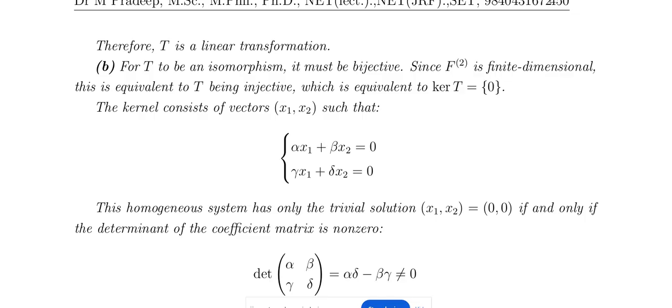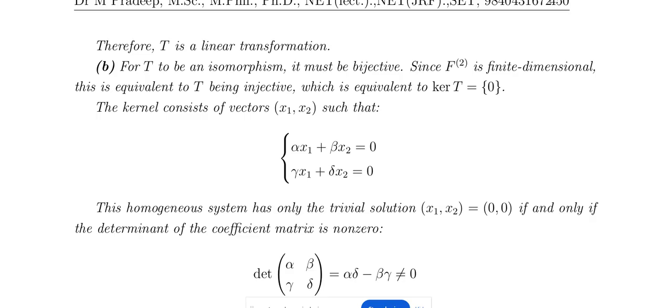Now, for T to be an isomorphism, it must be bijective. Since F power 2 is finite dimensional, bijective is equivalent to T injective, which is equivalent to kernel T equal to 0. The kernel consists of vectors (x1, x2) such that, by definition, alpha x1 plus beta x2 and gamma x1 plus delta x2 are both zero.